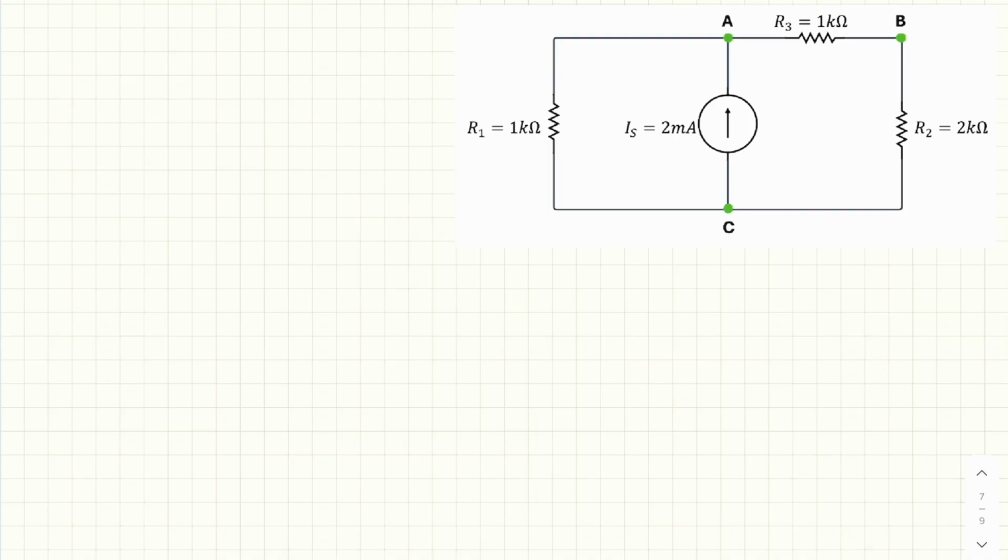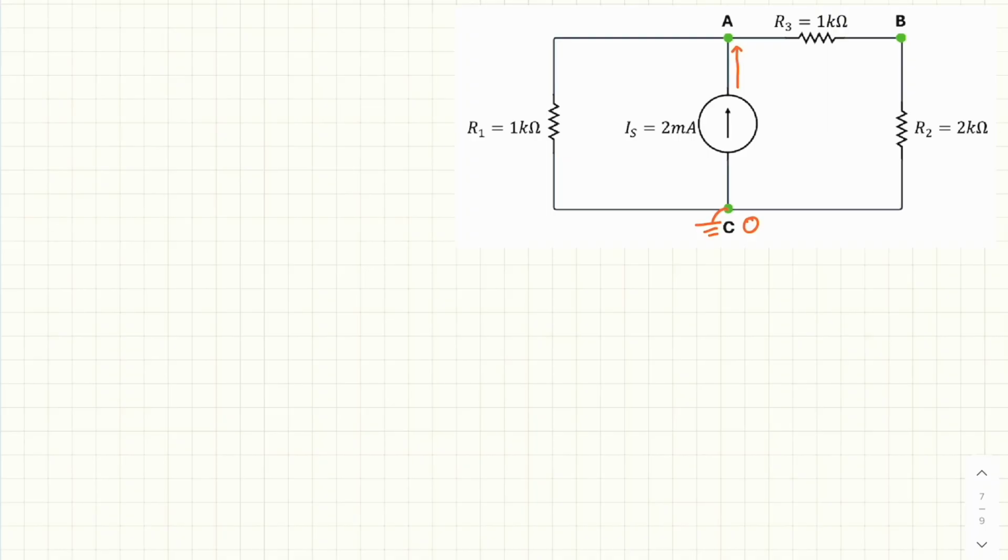This circuit has one current source, which is 2 milliamp. Now node C is grounded, so the potential at node C is equal to 0. Next, we have to assume how the current flows. Now we can say IS goes straight up to A, and there's a different option about I1 and I3.